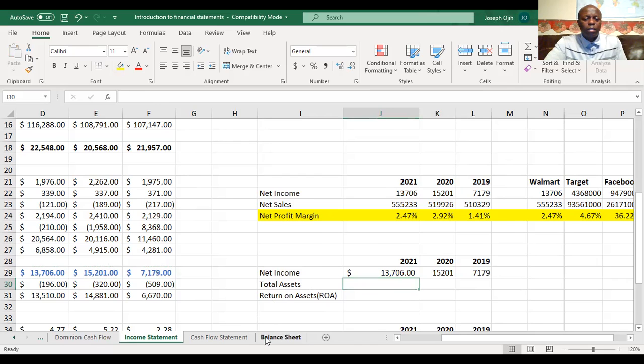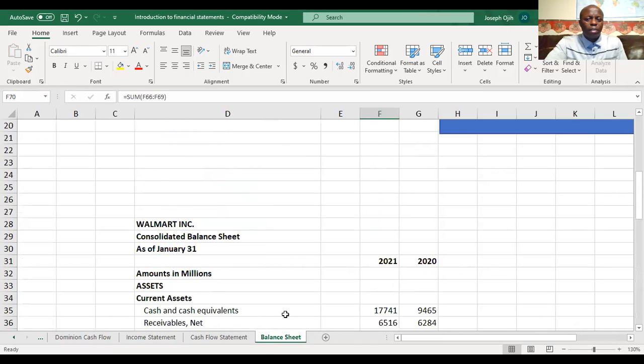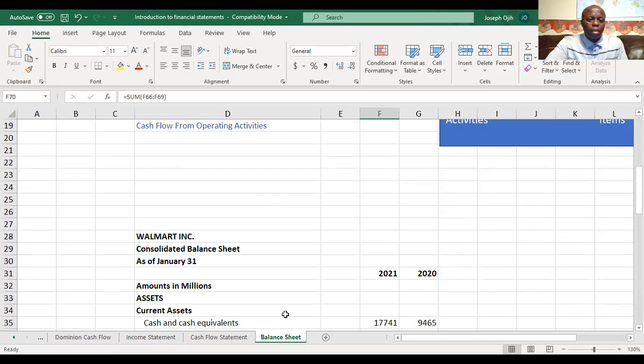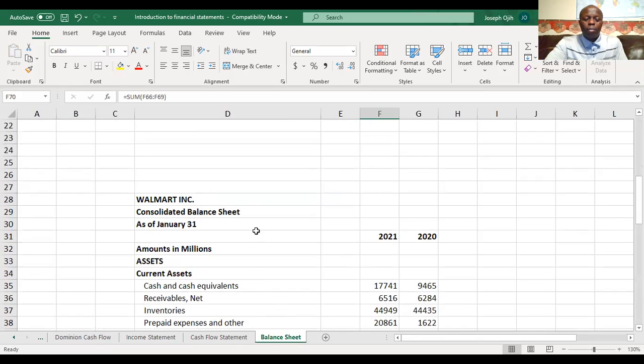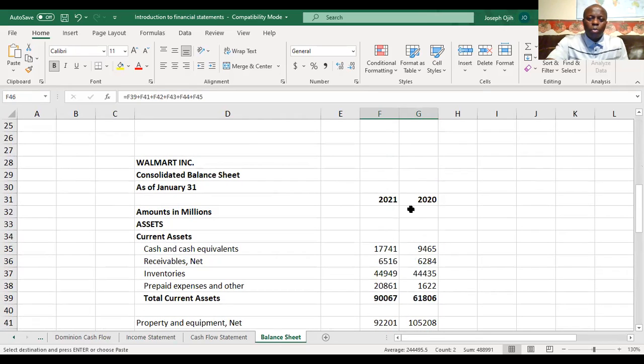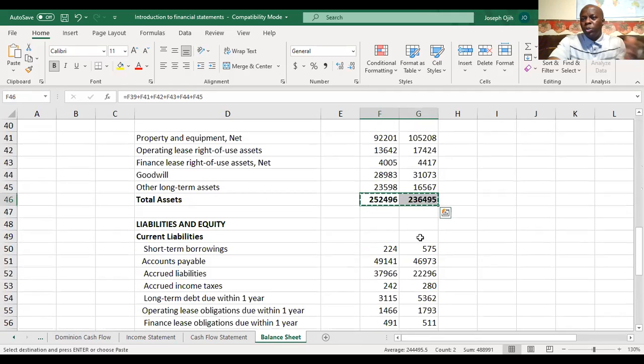So for the balance sheet, total assets for Walmart, this is Walmart balance sheet, I believe. Okay, this is not Walmart. Okay, right here, this is Walmart balance sheet. See, Walmart Incorporated. Total assets. We have total assets only for 2 years, for 2021 and 2020. Okay, it doesn't matter. We use what we have.